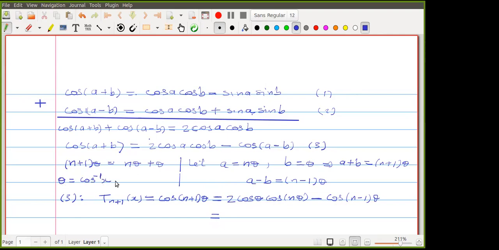So if I apply cosine on both sides, it implies that x is cosine theta. So cosine theta is x, and I substitute this one, that is 2x.